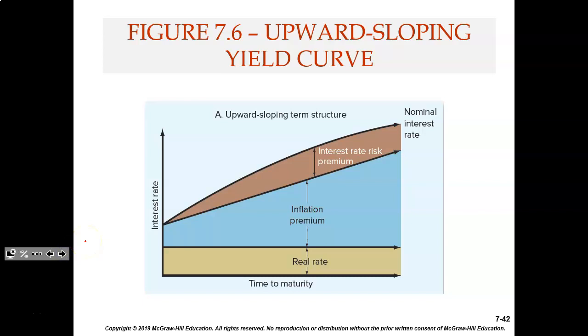So this is figure 7.6 in your book. You can see this is our normal upward sloping term structure. You can see we have our real rates here in this little green section, and we have our inflation premium. Notice we said generally inflation is the upward pressure on prices.